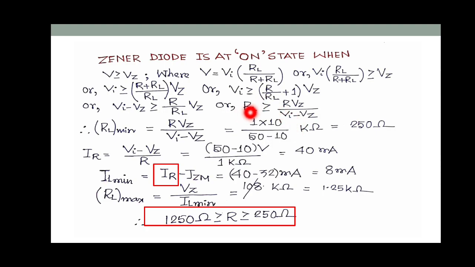So definitely, if RL is less than this minimum value, R Vz by Vi minus Vz, the Zener diode will be in the off state. So this value must be kept for keeping the Zener diode in the on state, and this is nothing but 250 ohm by solving this equation.